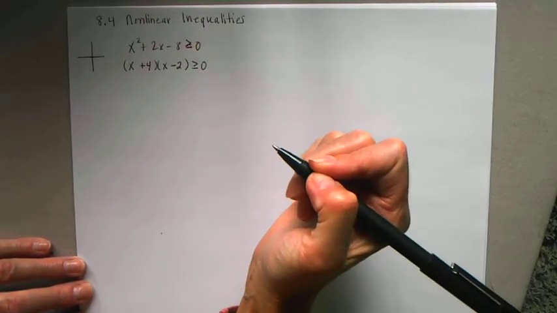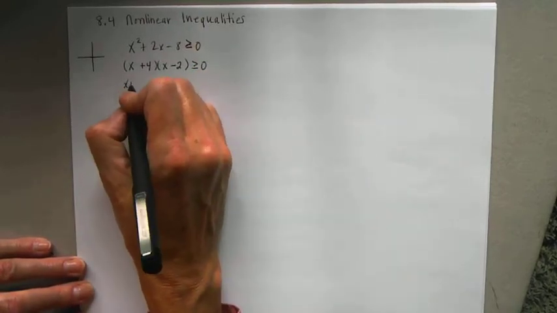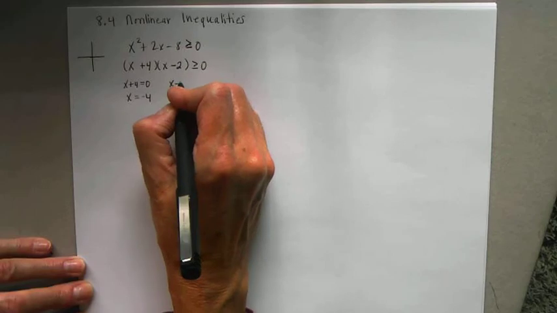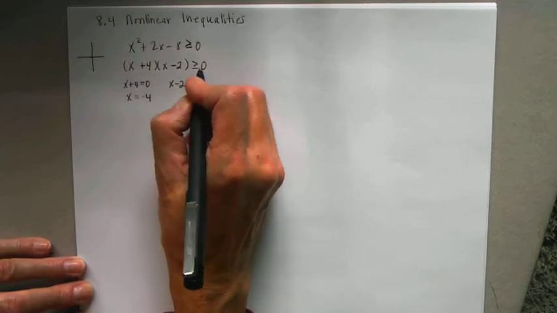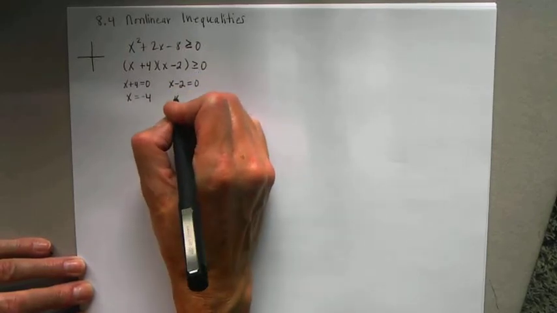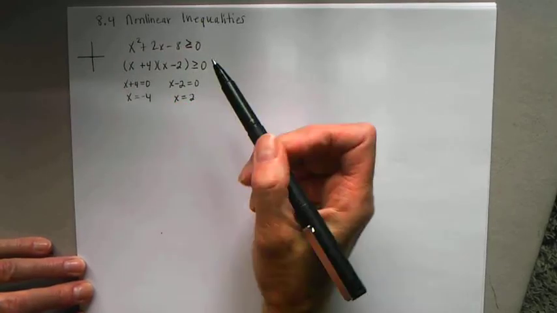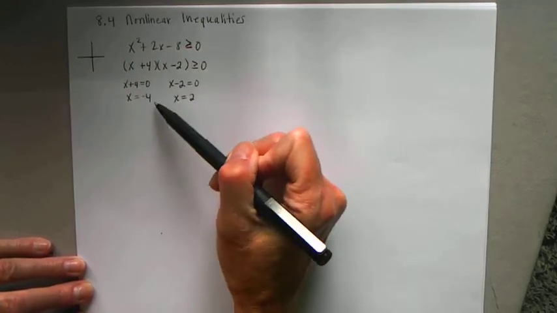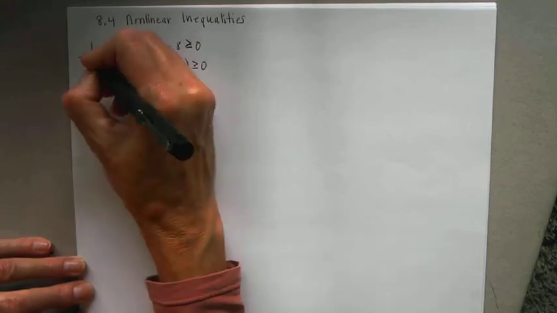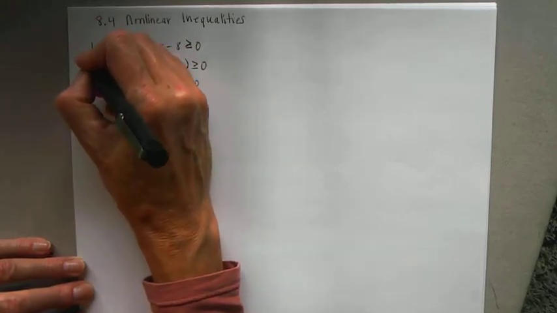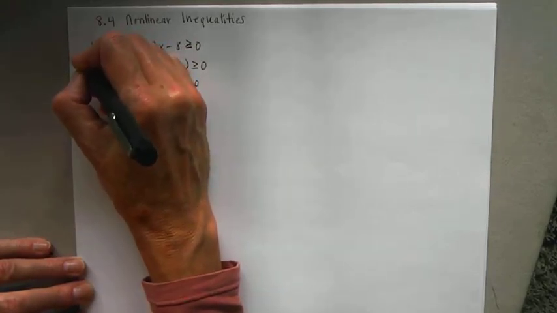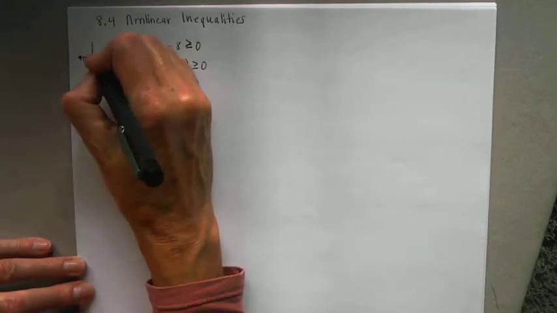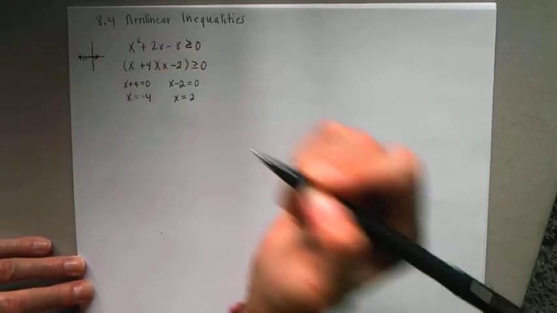But what we do, we know we set each factor equal to 0. But this one, we're actually figuring out where it's greater than or equal to 0. So I still set each factor equal to 0 and solve, because what's happening is on the xy axis at -4, I'm crossing the axis, and at 2, I'm crossing the axis.